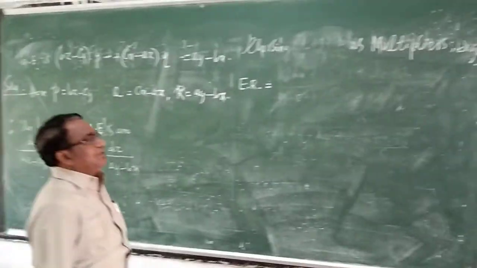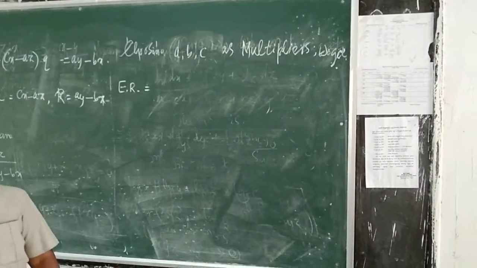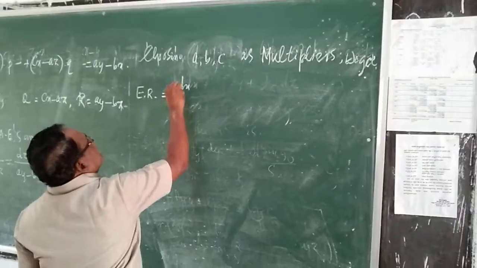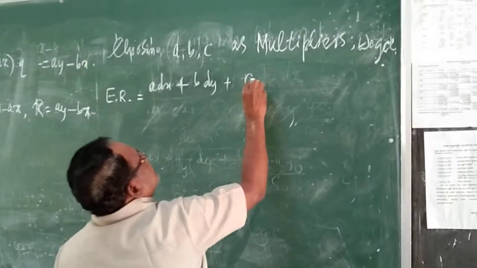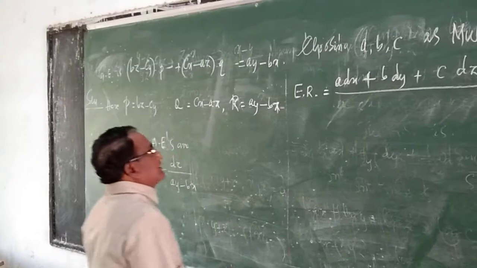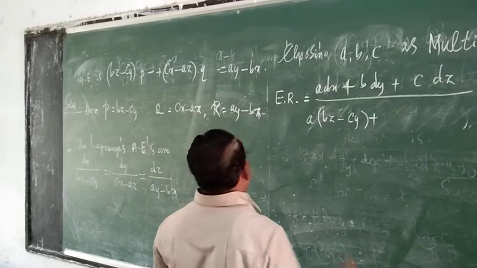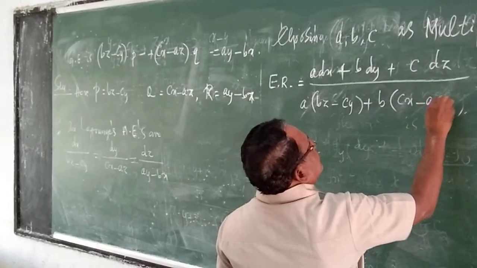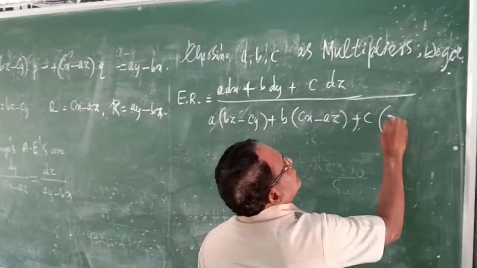Choosing a, b, c as multipliers, we get each ratio is equal to a into dx plus b into dy plus c into dz divided by a into bz minus cy plus b into cx minus az plus c into ay minus bx.